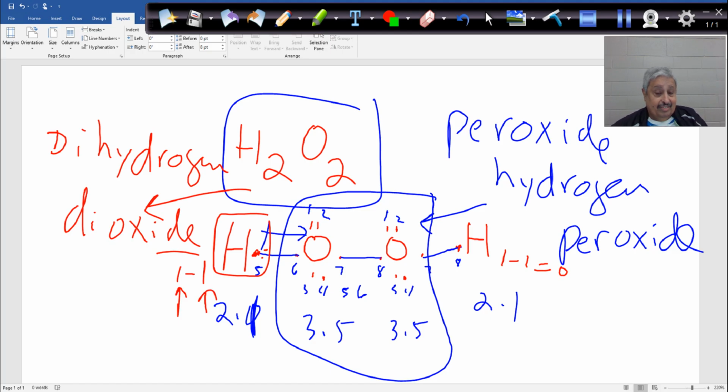Oxygen is 6, correct? 6 minus 6 is 0. No charge on this molecule. Each one is cut with its valence electron, so it's 0. No charge on this. Okay, guys?